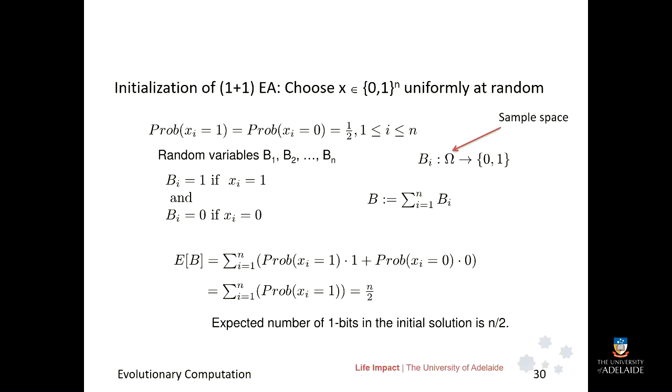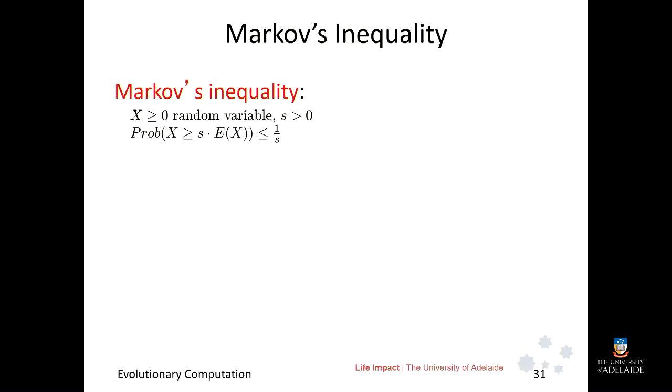Okay. Then let me just tell you something, because it might be of general interest. Markov's inequality tells you the probability that I exceed the expected value by a certain amount. Our expected value was n half, right?